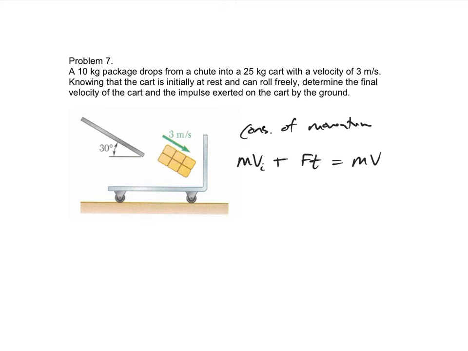The initial mass times velocities plus any impulse given by an outside force is equal to the final mass times velocity. So I'm going to look at this block and this cart as my two objects.